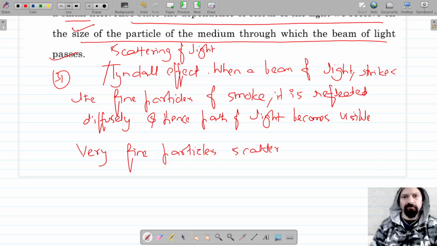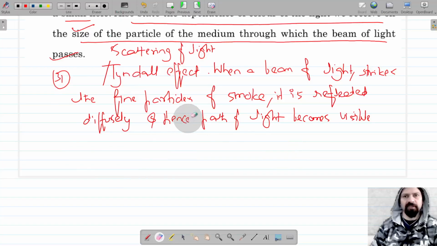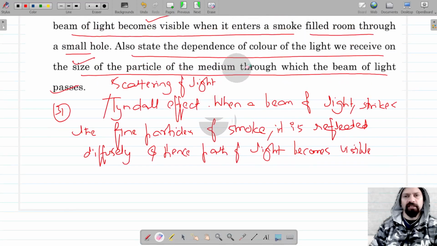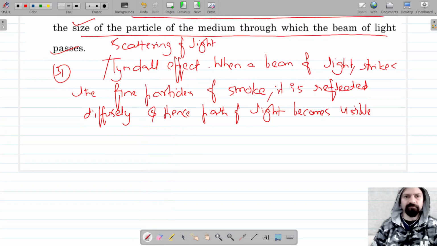Okay, now the color of the scattered light depends on the size of the scattering particles. We have to mention here, because it's asked, the dependence of the color of light we receive on the size of the particles of the medium.